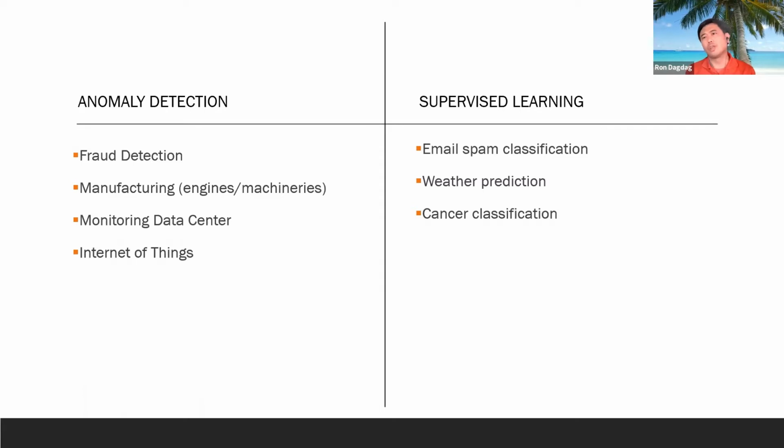Supervised learning, one great example of it is email spam, because there's a lot of examples out there of what an email would look like and can look like. They use a lot of supervised learning and machine learning on that. Weather prediction is also another one, because the scientists kind of figure out it's going to be sunny or windy or rainy and all that.